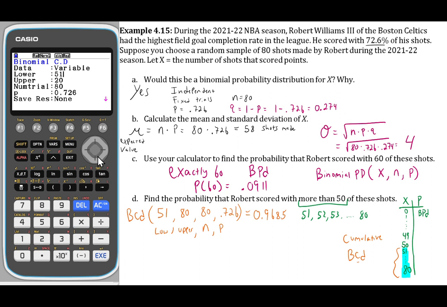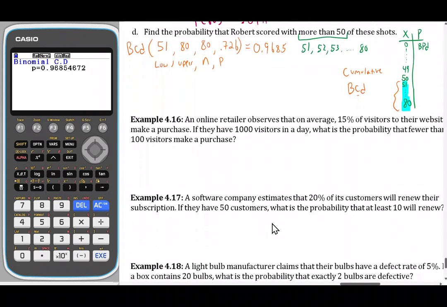So 51 is the lower value, execute, 80 for the upper value, execute, number of trials is still 80, and 0.726 is still the probability, and we get the same outcome. Binomial CD, C is the cumulative density function, or the cumulative distribution, 0.9685, same values.